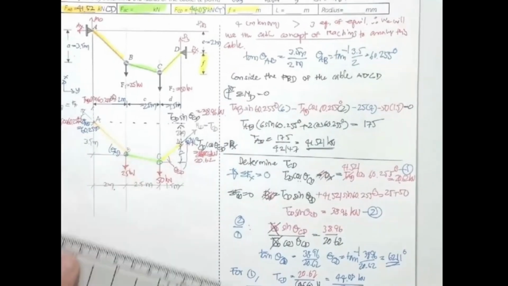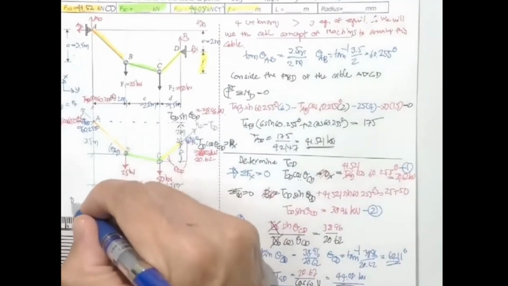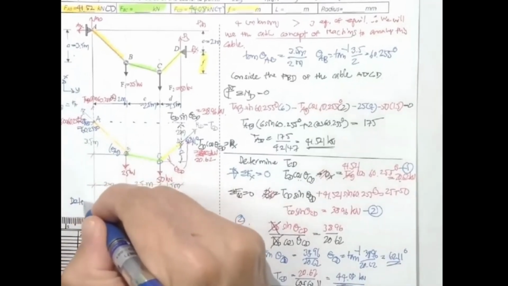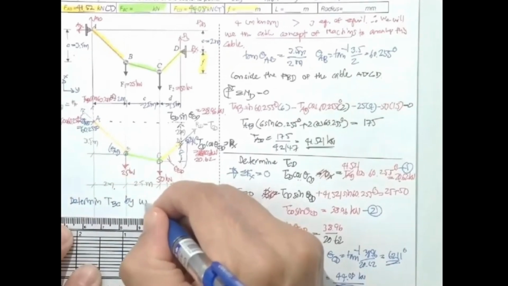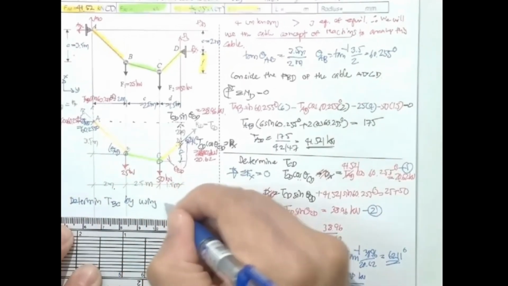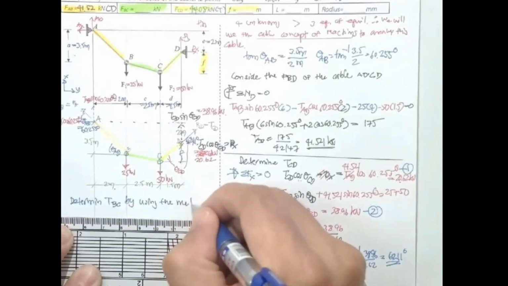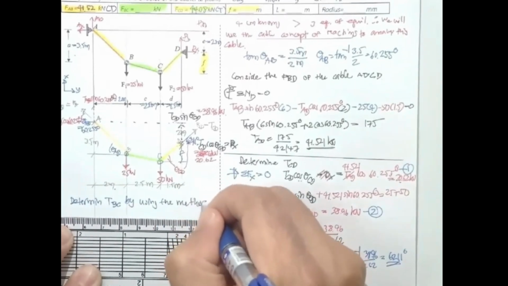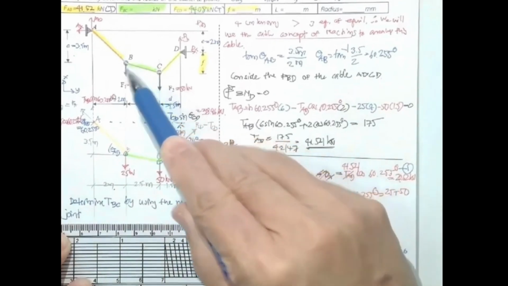But you don't know the tension in this green cable. We determine T sub BC by using the method of joints. What joint are you going to cut? That can be B, also can be C. It's up to you.